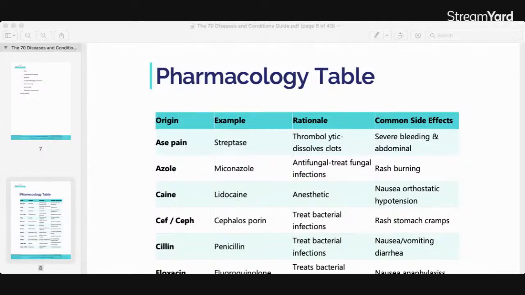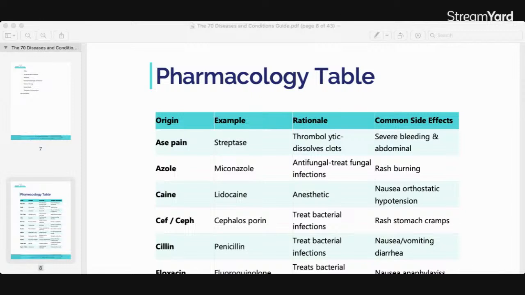For example, if they're having a, sorry, not a chest tube, a thoracentesis done. With the anesthetic, the side effects that can occur include nausea and low blood pressure. Okay, nausea and low blood pressure, also known as orthostatic hypotension.